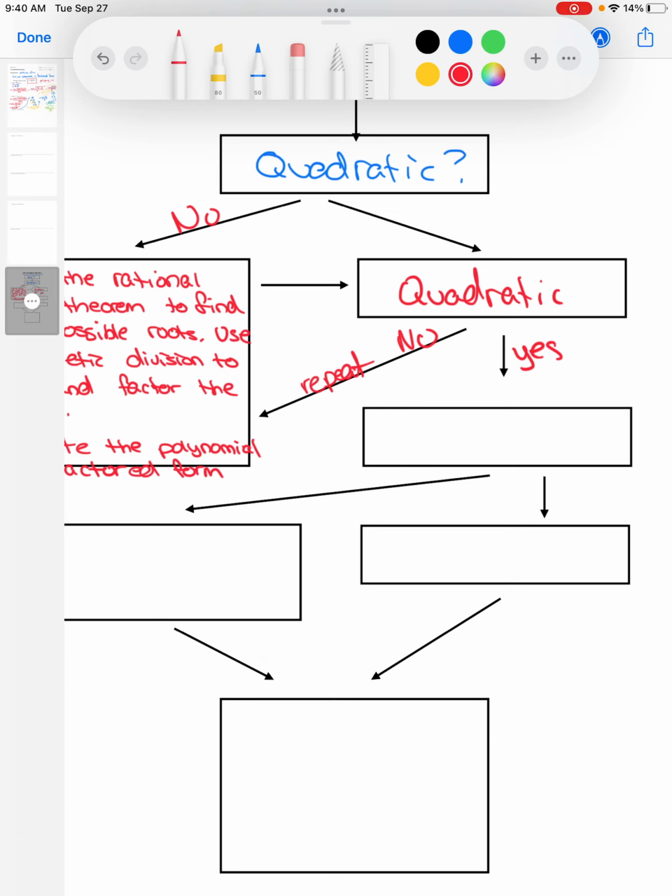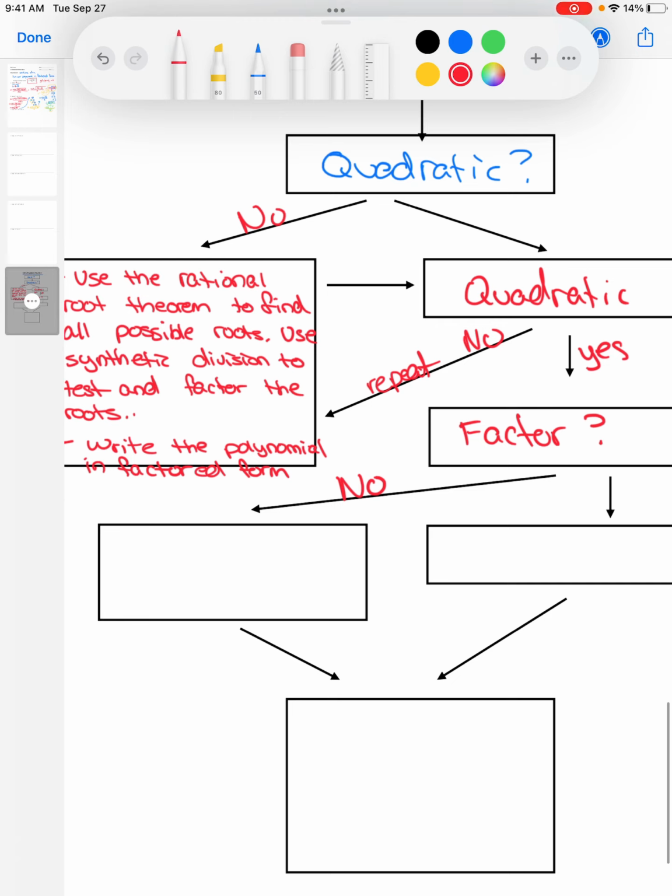Can we factor? If we can't, what do we do if we can't factor our quadratic? We use the quadratic formula to solve for x.